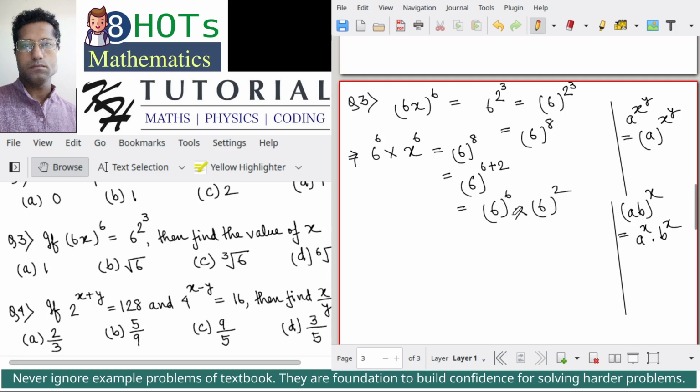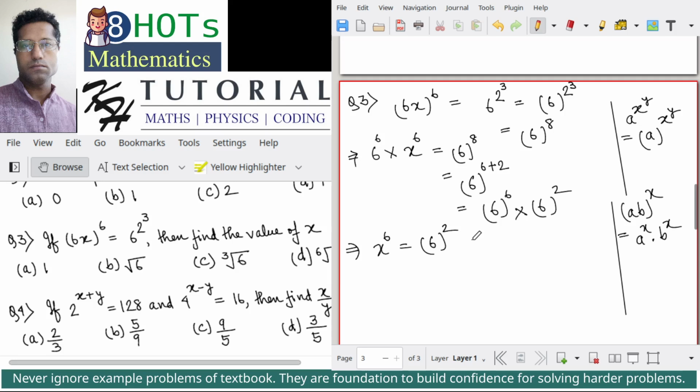So I got a factor of 6 to the power 6 from the right hand side. Now I can cancel out 6 to the power 6 from both sides, and I get x to the power 6 is equal to 6 square. Okay.